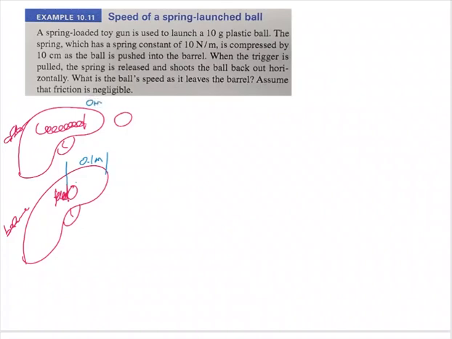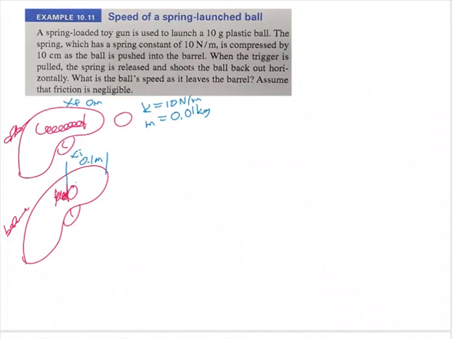So this is X initial, and this is X final. Now we also know some stuff. We know K, the spring constant, is 10 newtons per meter. We know the mass of the ball was 10 grams. Now if I turn that into kilograms, I got to move the decimal 3 places: 0.01 kilograms.